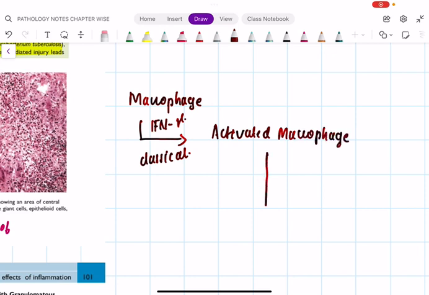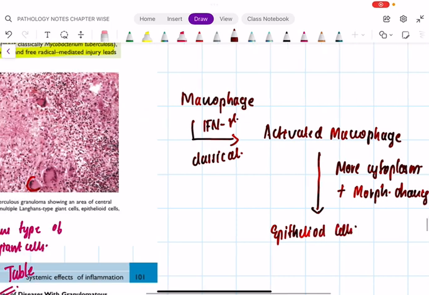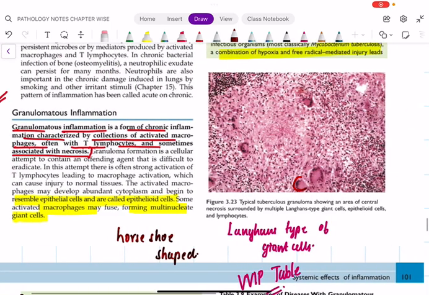This activated macrophage will get more, abundant cytoplasm, and it undergoes some morphological change to form what we call epithelioid cells. What are they? Epithelioid cells. Why? Because they resemble epithelial cells. Fine?